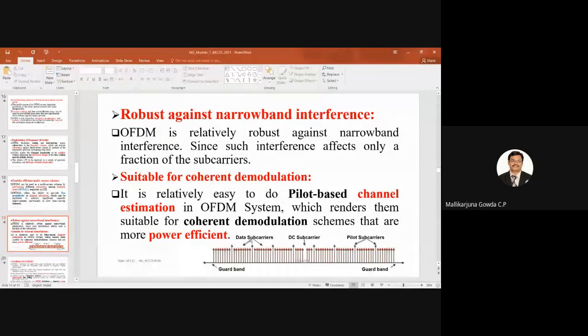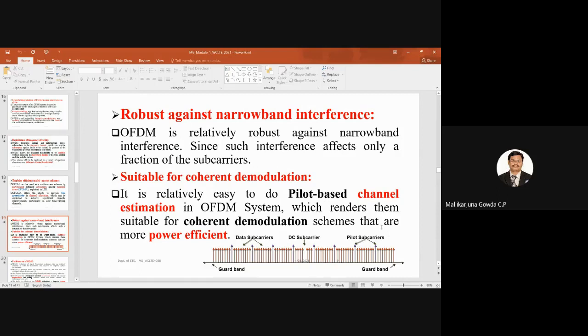Just to understand, here I have given one simple diagram. These are all the data subcarriers, and in between, as mentioned, they are called the pilot subcarriers. Every few microseconds, this pilot subcarrier will be transmitted, so that it checks whether it is synchronized or not.